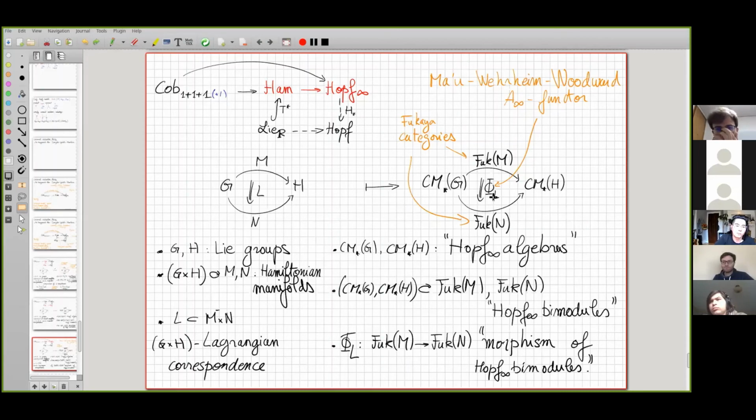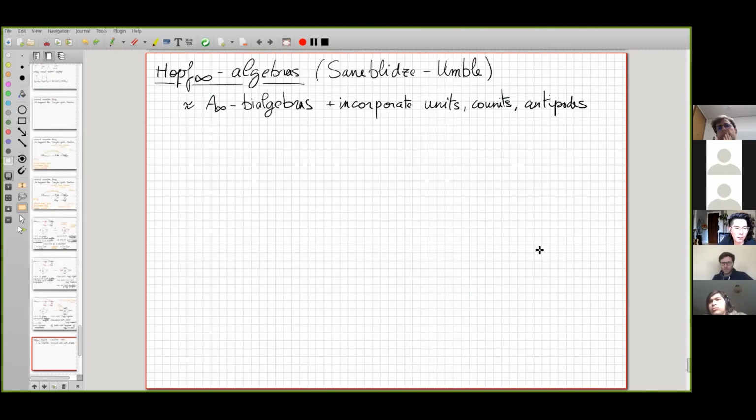No. So let me continue and give you a very, very vague idea of what we could mean by Hopf infinity algebras. This notion already appeared in algebra, and at least a definition was given by Saneblidze and Umble in some situation.